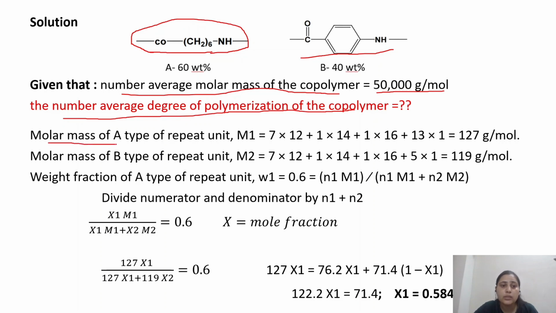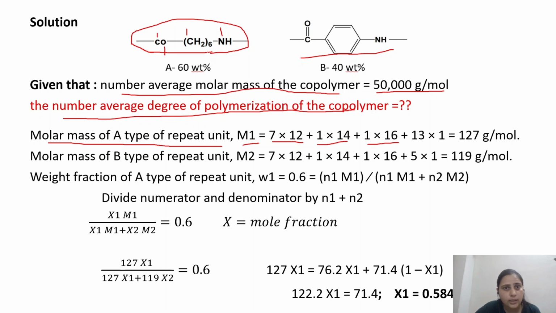So the molar mass of the A type of repeat unit, which we denote by M1, is equal to: first we count the number of carbon atoms, which is 1 here and 6 here, so a total of 7 carbon atoms. 7 into 12, plus 1 nitrogen atom, so 14 into 1, and then 1 oxygen atom, so 16 into 1, and then there are 13 hydrogen atoms, so 13 into 1.